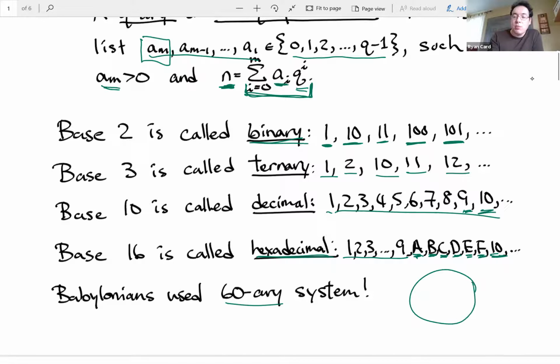Also, angles as well. If you talk to most mathematicians, they like radians better, but people are used to 360 degrees in a full circle. So 360 is not a 60, but it is a multiple of 60.